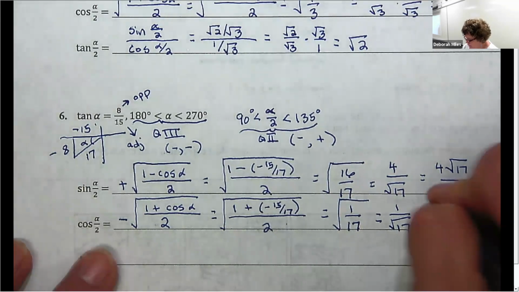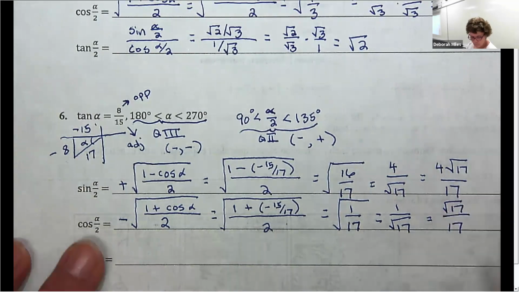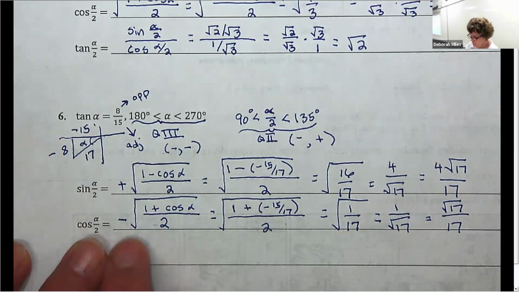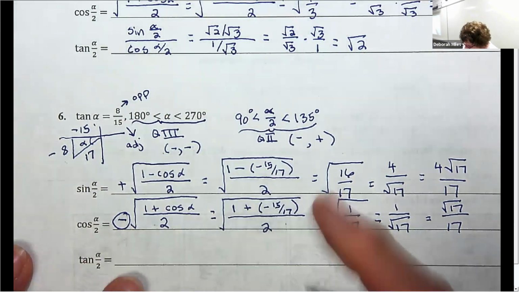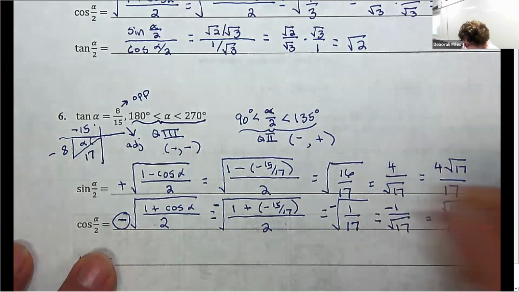If you rationalize that, it's square root of 17 over 17. Lost my negative. Watch out for that. Since alpha over 2 is in the second quadrant, all of those should be negative.